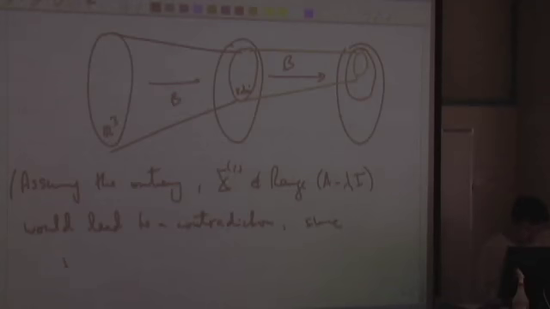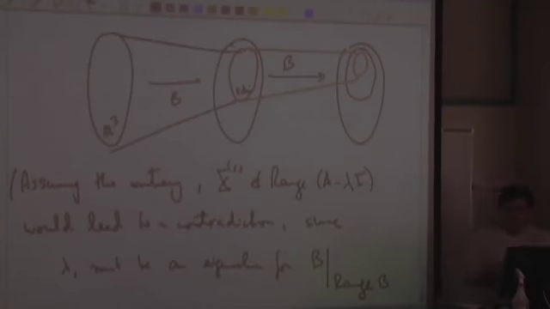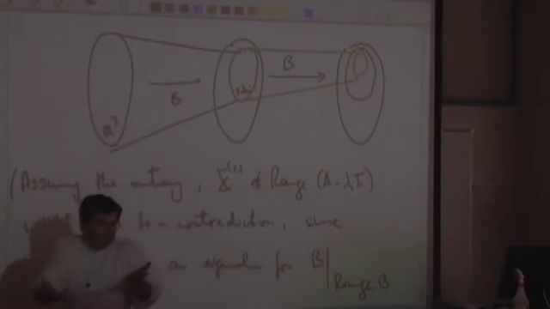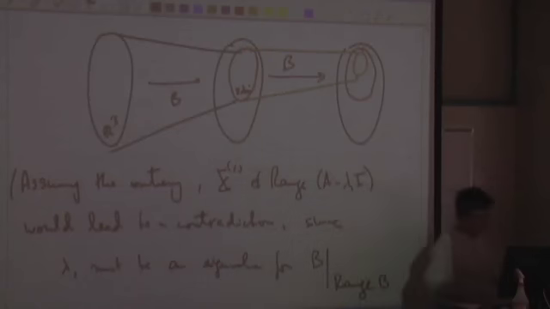Since lambda 1 must be an eigenvalue for this B restricted to the range of B. So that's that restriction over there, from red to green. So it must be an eigenvalue. So it must have an eigenvector. So there must be an eigenvector in that range.